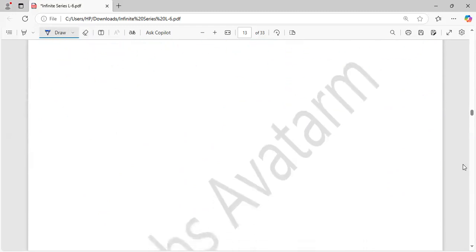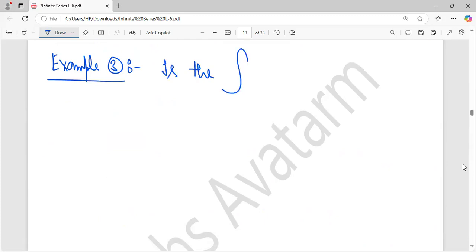Now example 3. Is the following series convergent?